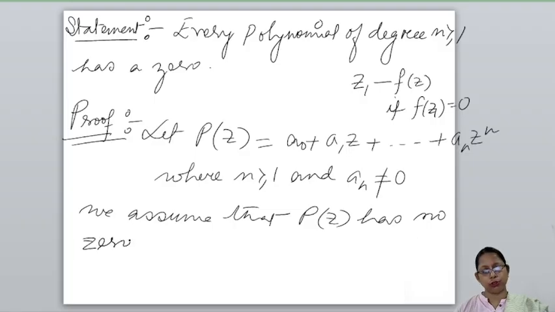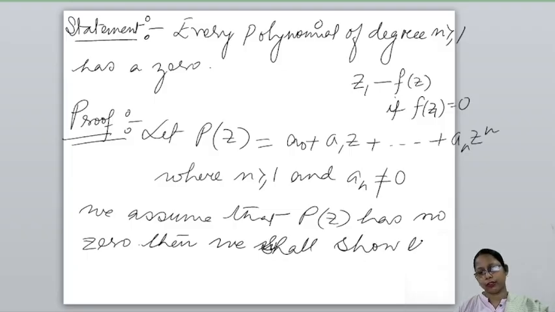To prove this theorem, that every polynomial has at least one zero, that is at least one root, we have assumed that p(z) has no zero. Then we shall show that p(z), not f(z), is constant.